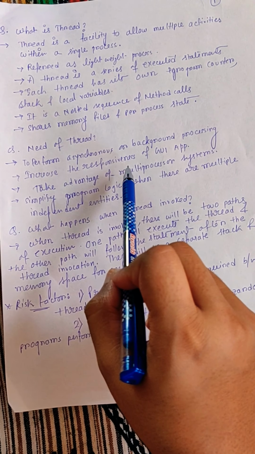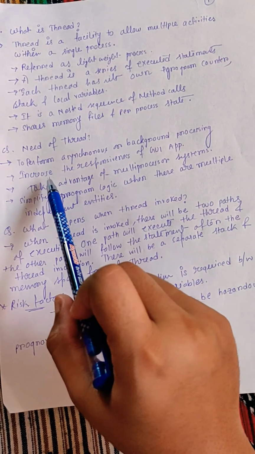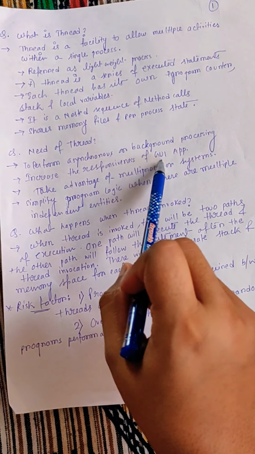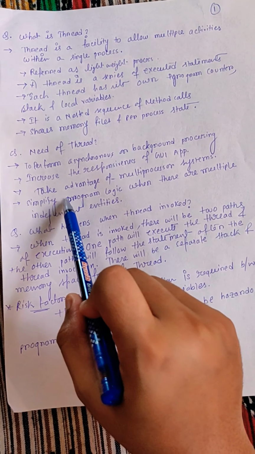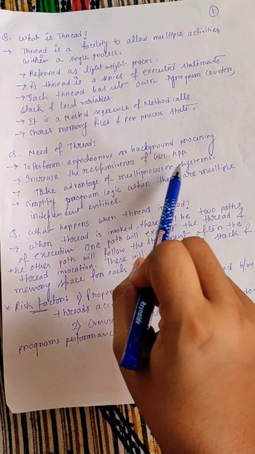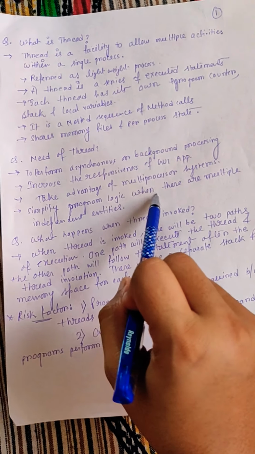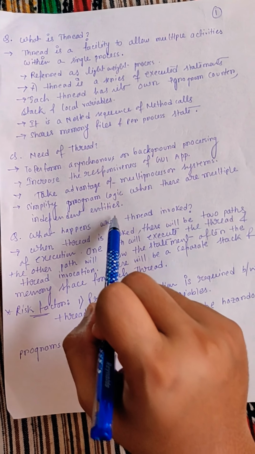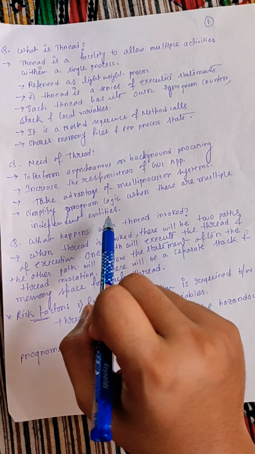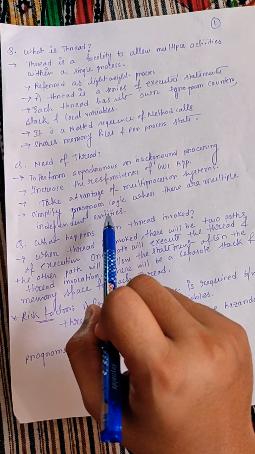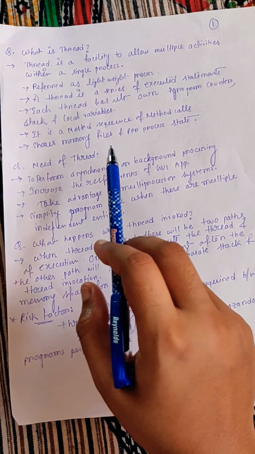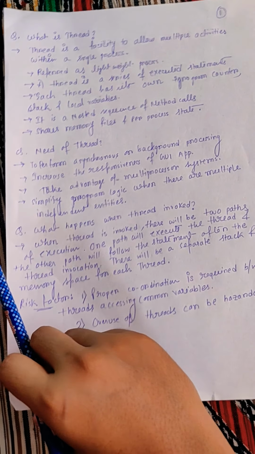So applet is nothing but a GUI app. The third point is to take advantage of multiprocessor systems. And the fourth point is to simplify program logic when there are multiple independent entities. If there are multiple independent entities, then it simplifies the program logic if we use thread. Okay, so these are the basic needs of thread.